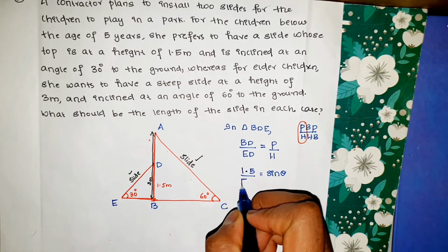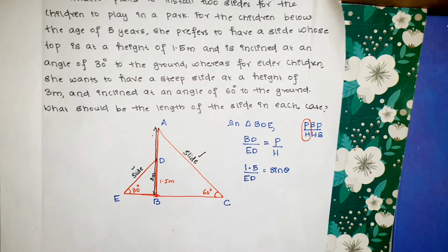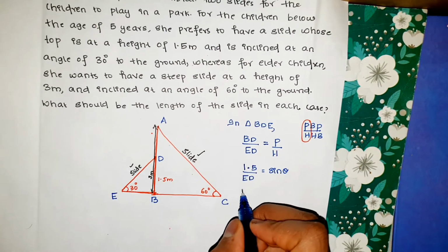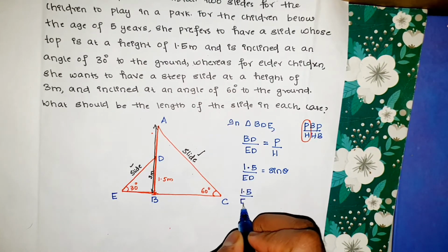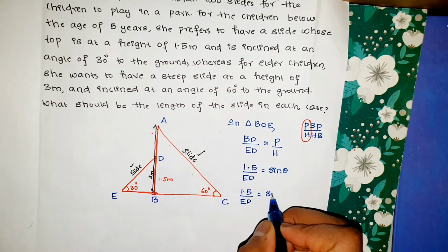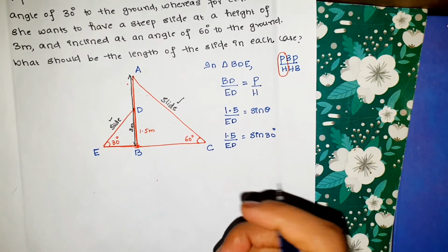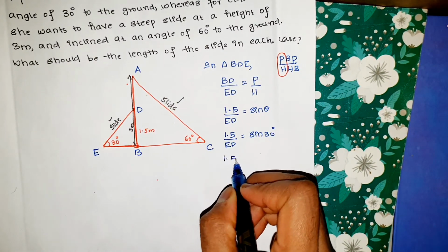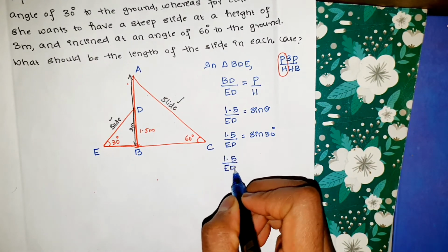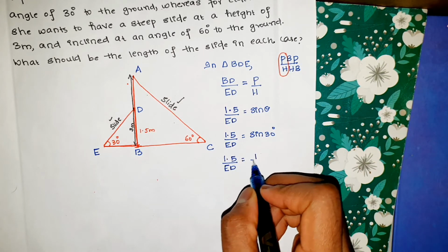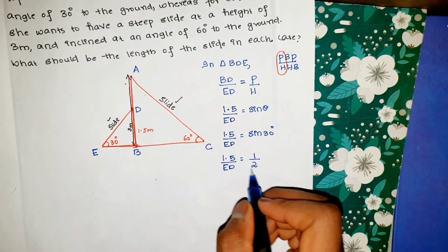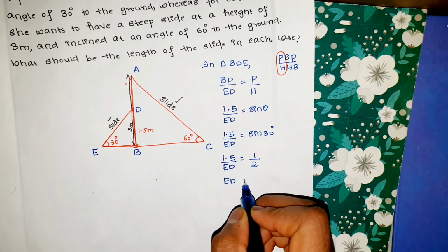So 1.5 divided by ED is equal to sine 30 degree. 1.5 divided by ED is equal to sine 30, that is 1 by 2. So ED is equal to, cross multiply.